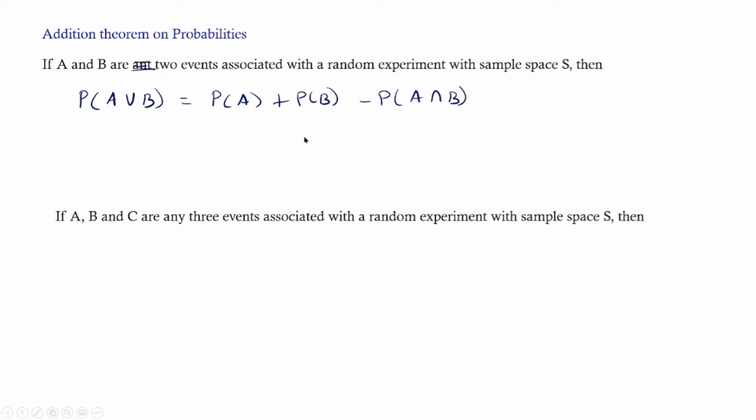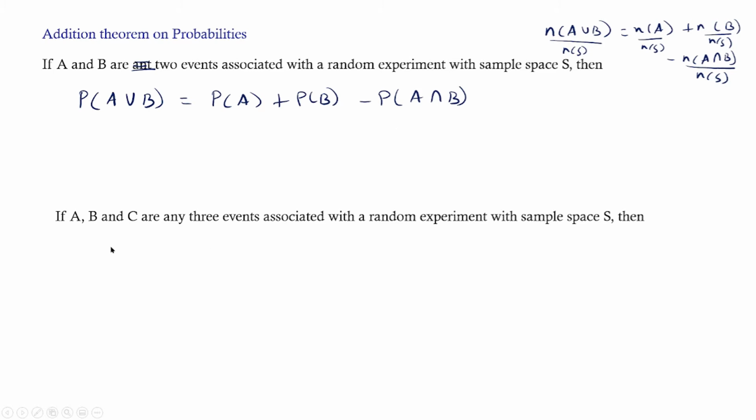It is similar to the theorem which we have studied in sets. We know that n of A union B is n of A plus n of B minus n of A intersection B. Now if we divide each of these by n of S, we will get the addition theorem of probability. So we have probability of A union B equal to probability of A plus probability of B minus probability of A intersection B.